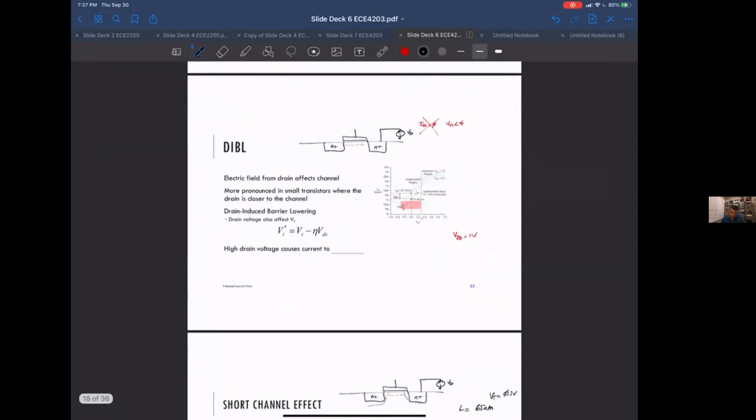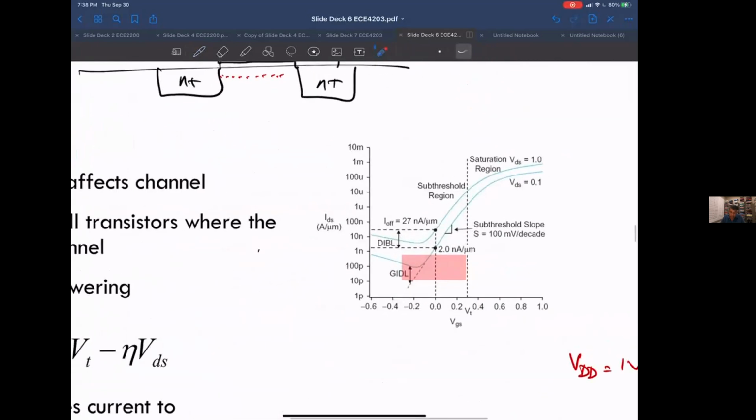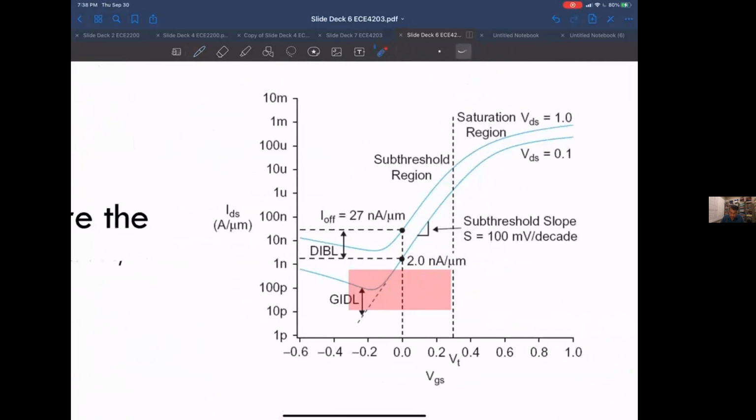This happens when the transistor is small, and the electric field of the drain is interfering with the channel. So in this case, the leakage current ends up being a factor of 10 higher than it would have otherwise been without this effect.